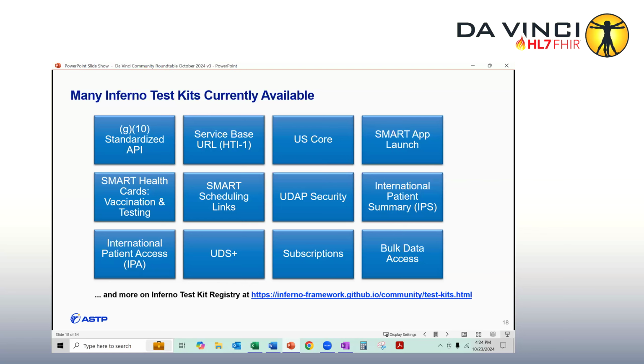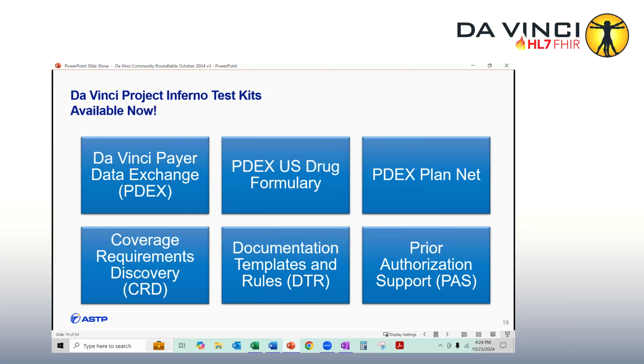And then on the next slide, we'll turn towards the primary focus of this presentation, which is the collection of Da Vinci-related test kits that are available. And so these test kits can be downloaded locally again via GitHub or used online at inferno.healthit.gov. And this presentation will be focusing on the PlanNet and Coverage Requirements Discovery or CRD test kits. And then next slide, please.